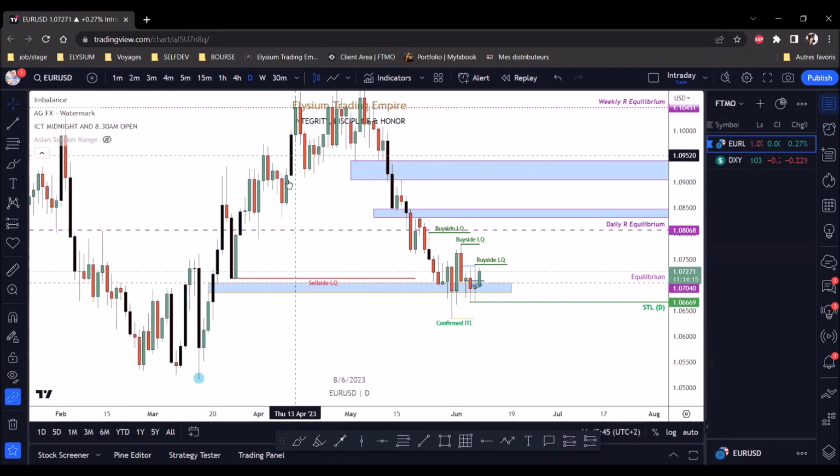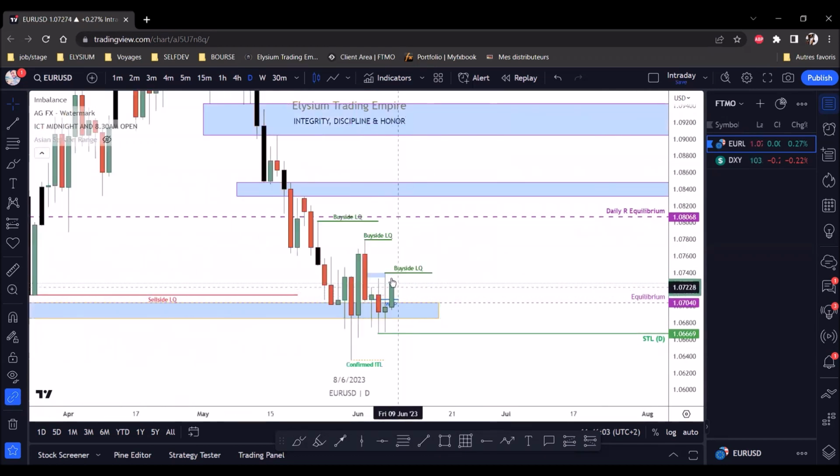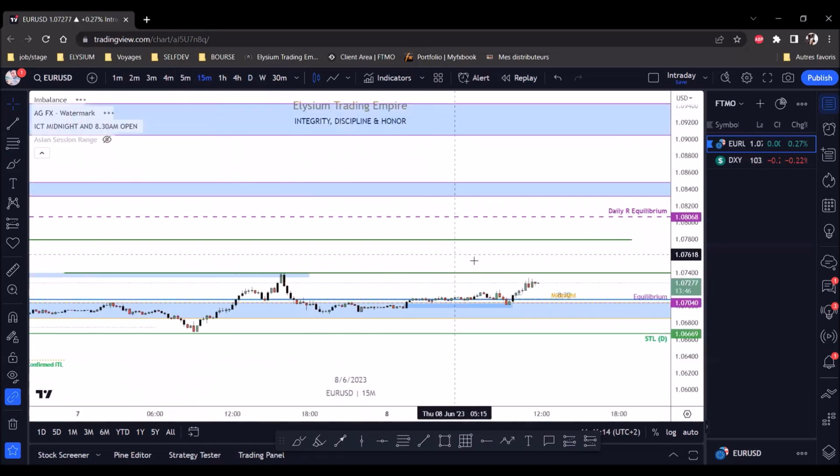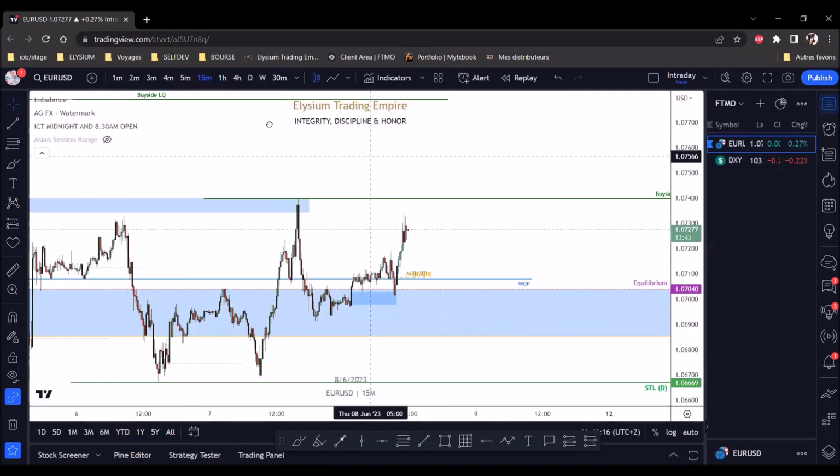For example, this one: the close of the candle of the swing low is there, the buy side is there. There is no room, boom. But when you have, like today, a close which leaves 40 pips or something like this, you have room to take the trade and aim for the buy side.